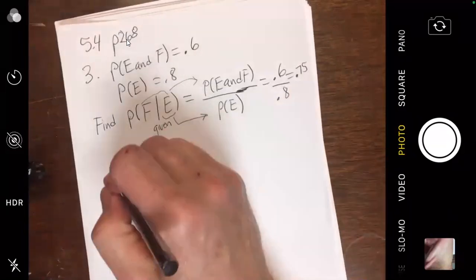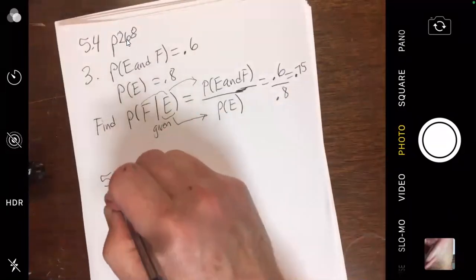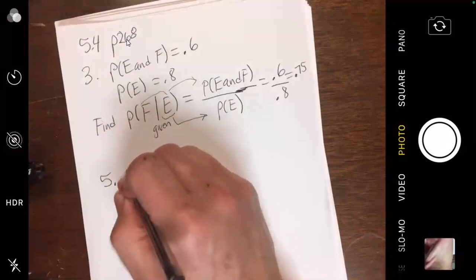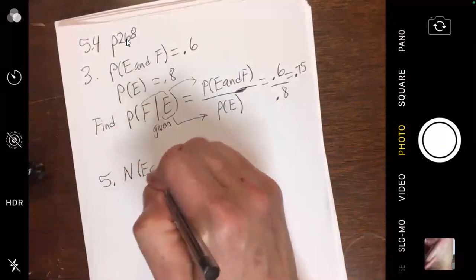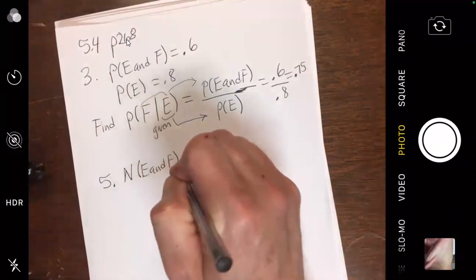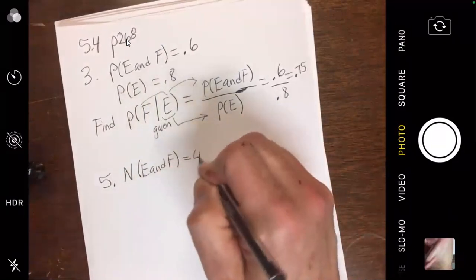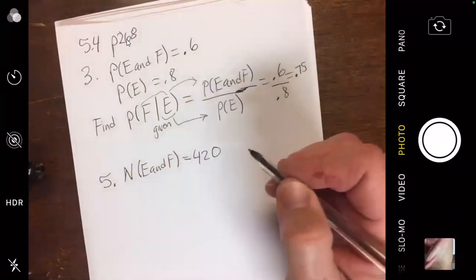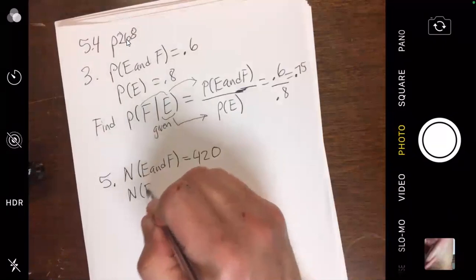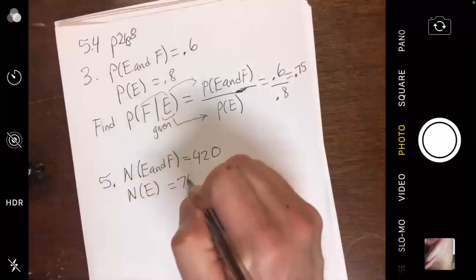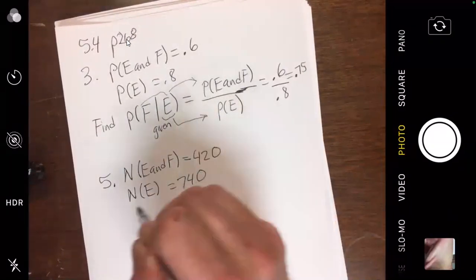Okay, number 5, we should mention a little switch in notation. They're using this formula, N of E and F. Notice that's not a probability, that's a number, 420. And N of E is 704, again, another number.